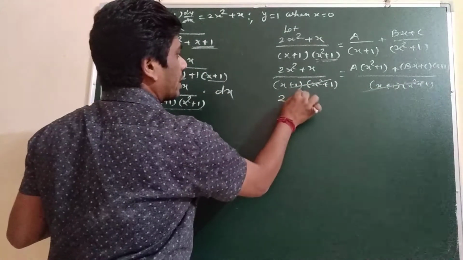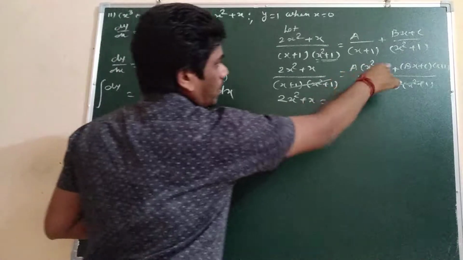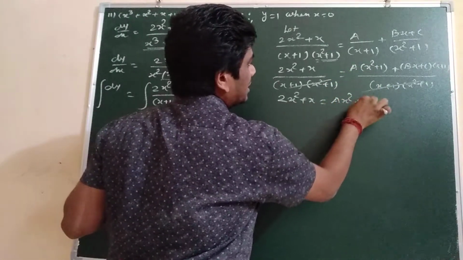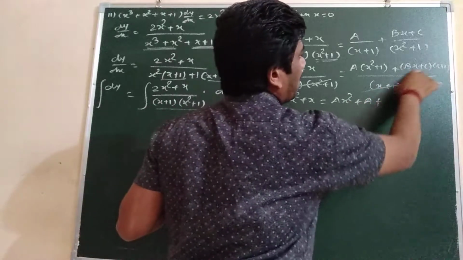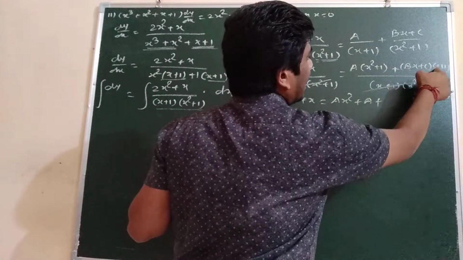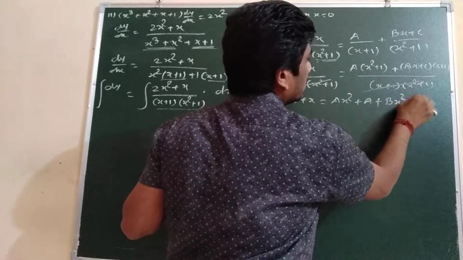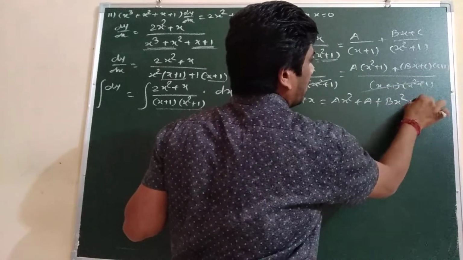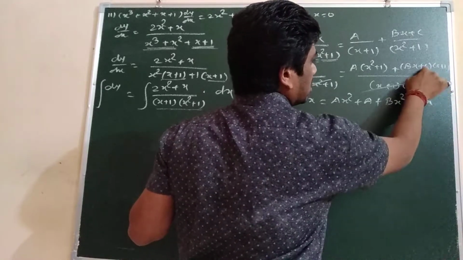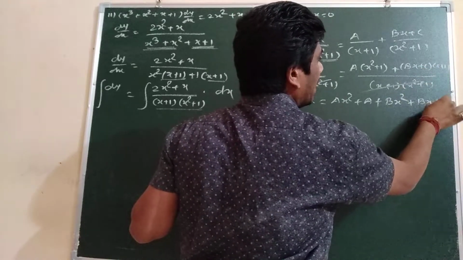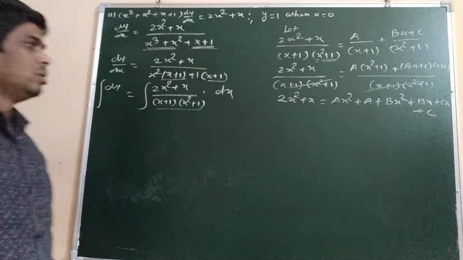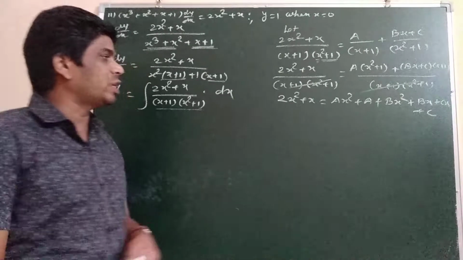Finally we will get 2x square plus x equals Ax square plus A, and then we multiply bx plus c with x plus 1, so bx square, then bx, then cx plus c. Now we compare the coefficient of x square.